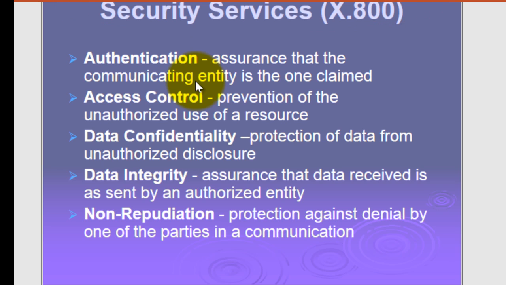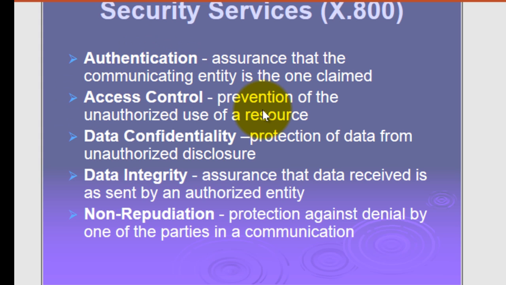Authentication is nothing but the identification of a legitimate user. It is the assurance that your communicating entity is the one claimed. You are getting an assurance that the person who is communicating with you is the one who is claimed. That is called authentication.